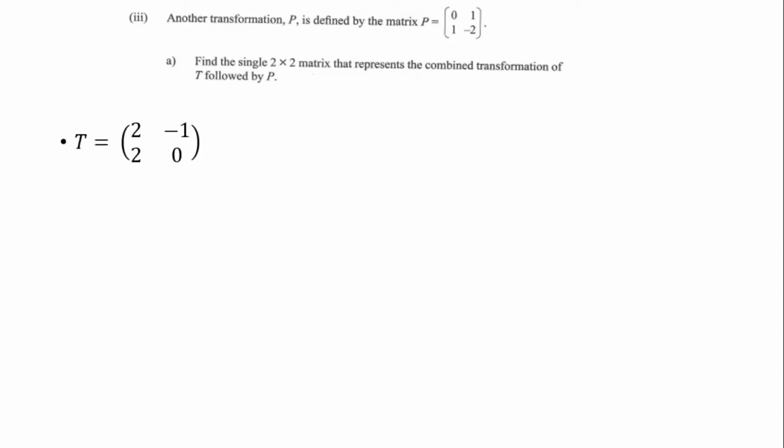We have T from the previous part of the question, which is 2, negative 1, 2, 0.